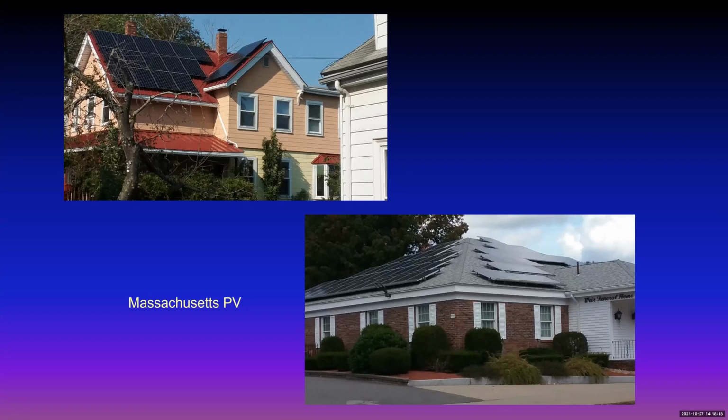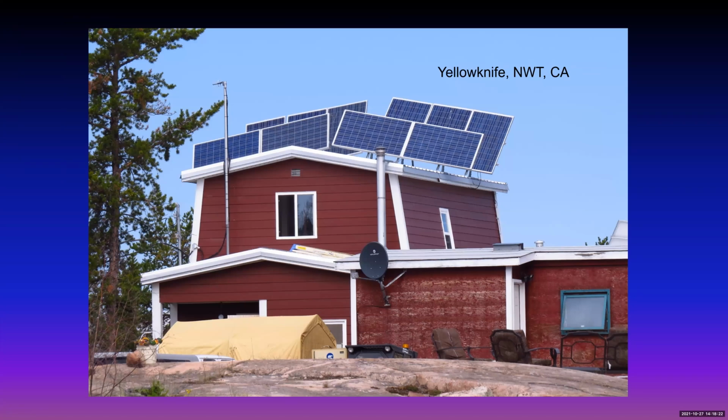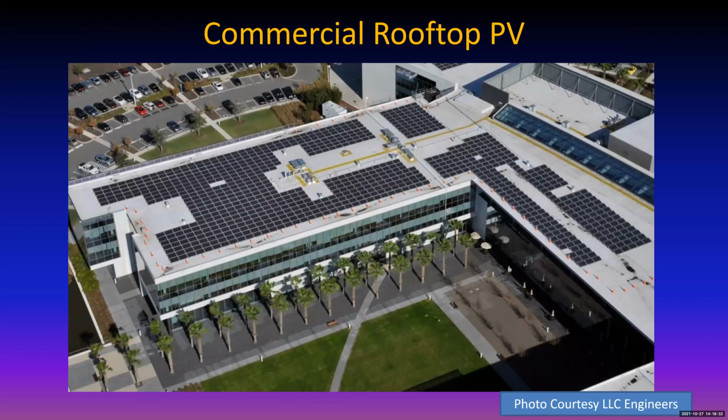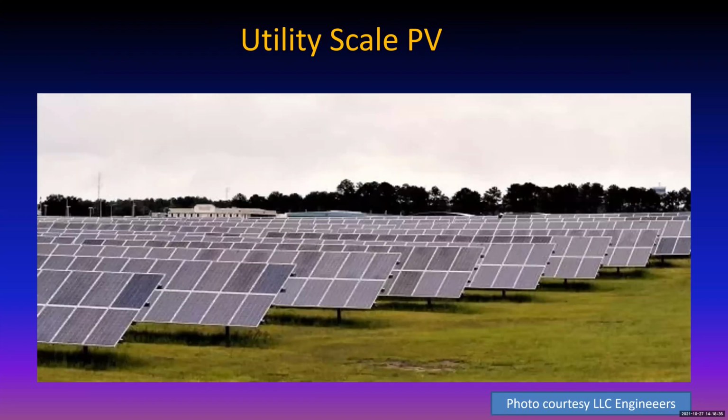A lot of pretty nice systems installed up there. You can go up to Yellowknife, Northwest Territories, Canada, and see systems installed something like this. And for these folks, electricity is fairly expensive up there. And then again, there's commercial rooftop PV. And of course, there's the utility scale stuff that gets up into the hundreds of megawatts range.